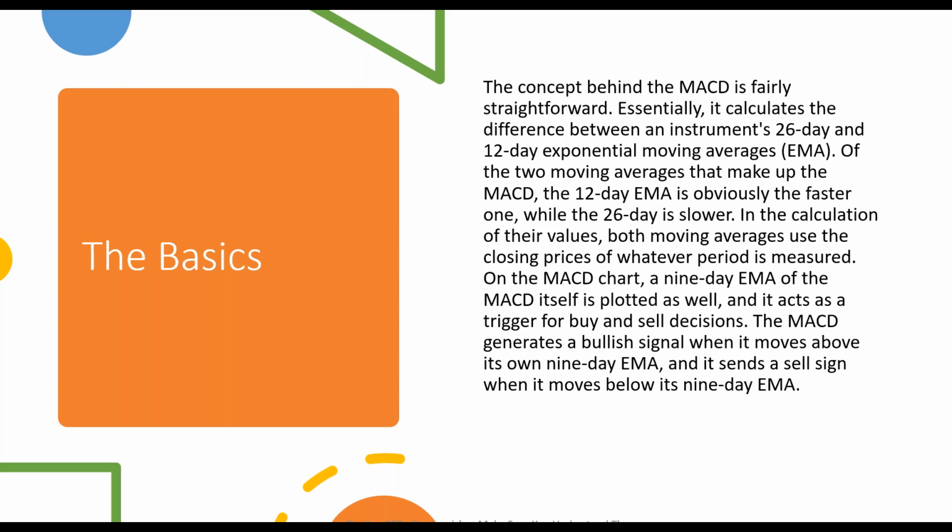Now, even though MACD is easily adjustable to your own personalized settings, MACD is based on a 12 period and a 26 period exponential moving average, and its relationship to those moving averages. Okay, so let's go over to a live chart and let's work through this.